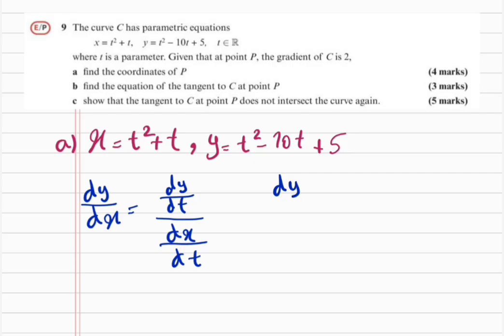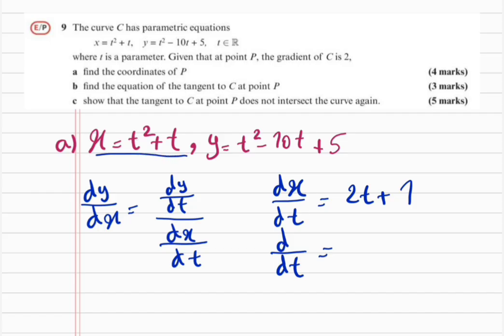So dx/dt is equal to, the derivatives are very simple. So x is equal to t squared plus t. That differentiates to 2t plus 1. And dy/dt is equal to, I meant dx/dt is equal to 2t plus 1, because I was looking at x and I mistakenly wrote y here.